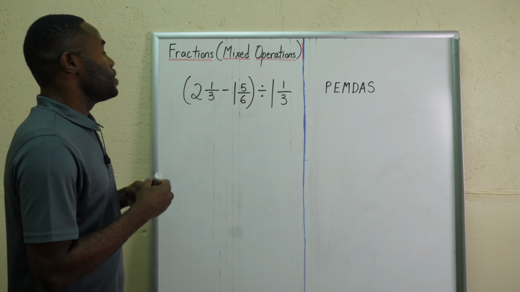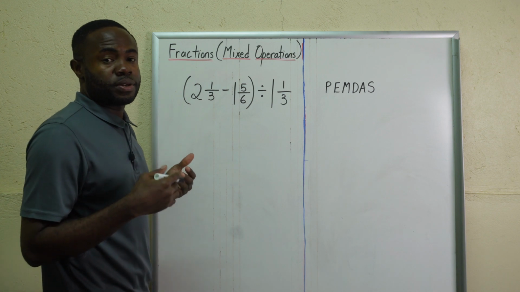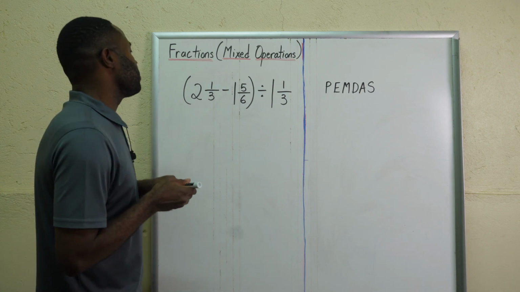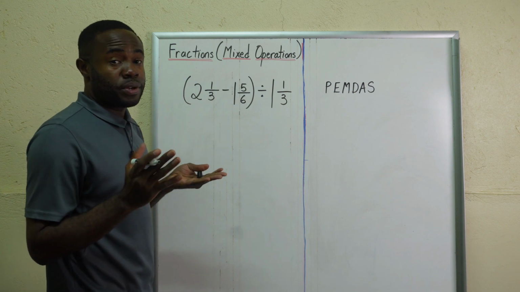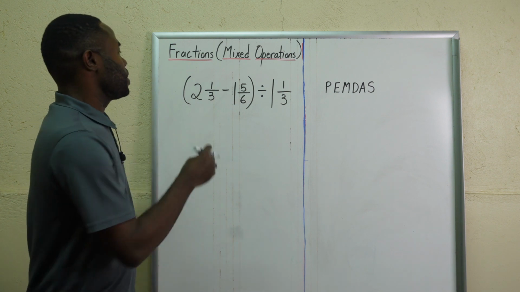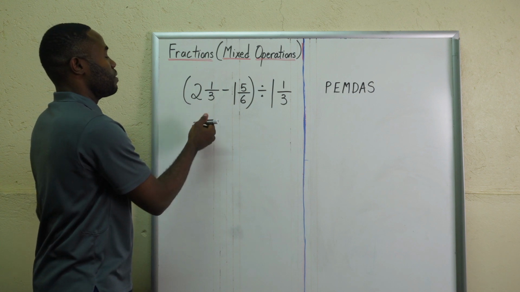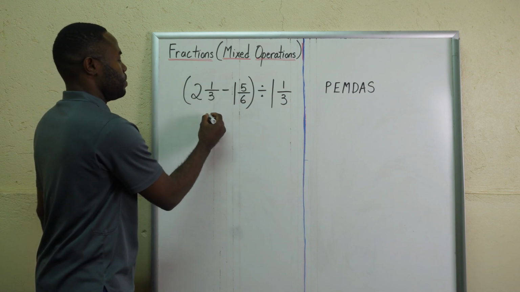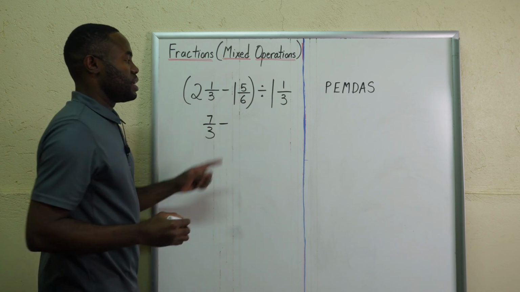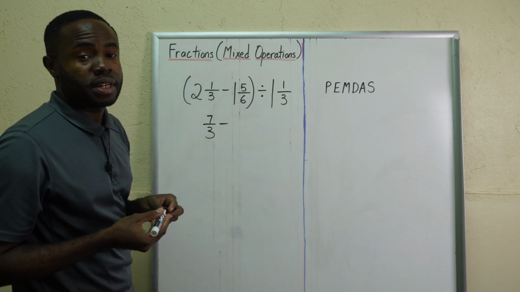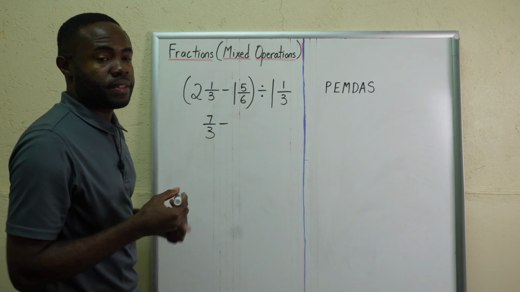So let's convert. When converting mixed numbers to improper fractions, you multiply the denominator by the whole number, and when you get the product, you add it to the numerator. So it's 2 times 3, that gives us 6, and 6 plus 1, 7. So it's 7 upon 3 minus, and then you multiply 6 times 1, that's 6. Then 6 plus 5, that's 11.